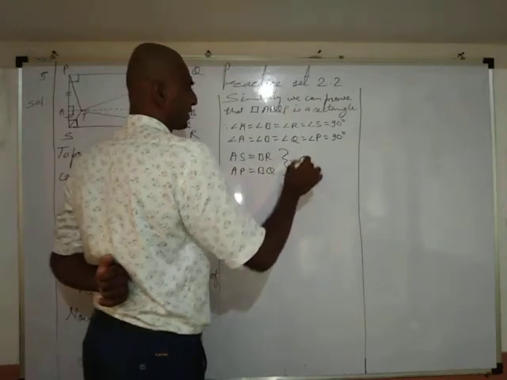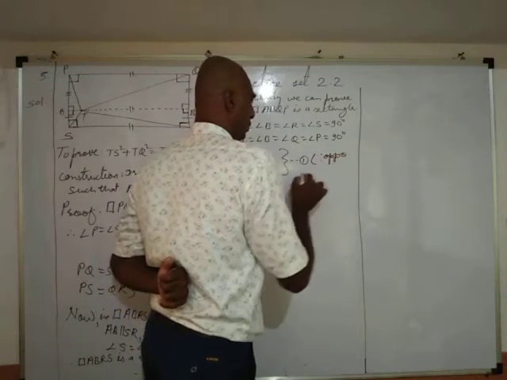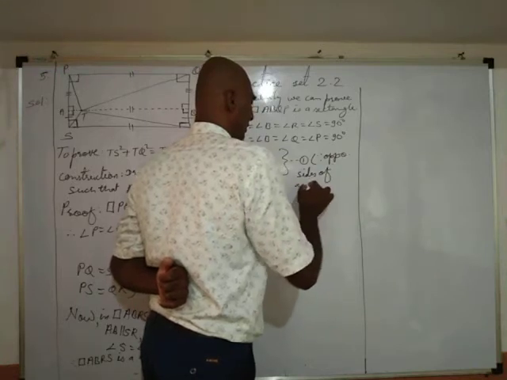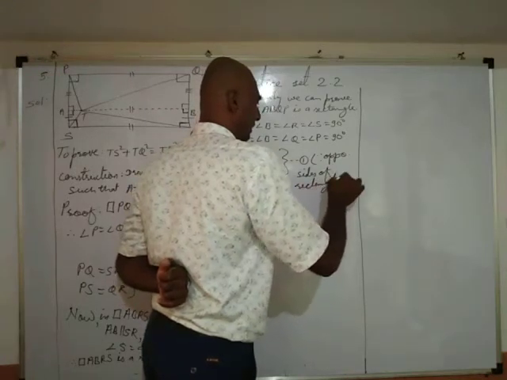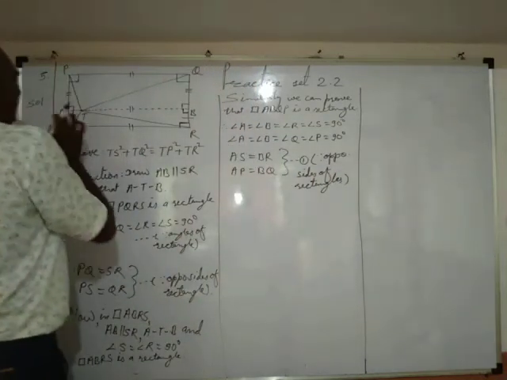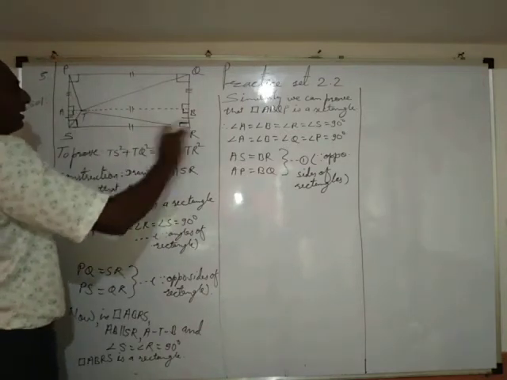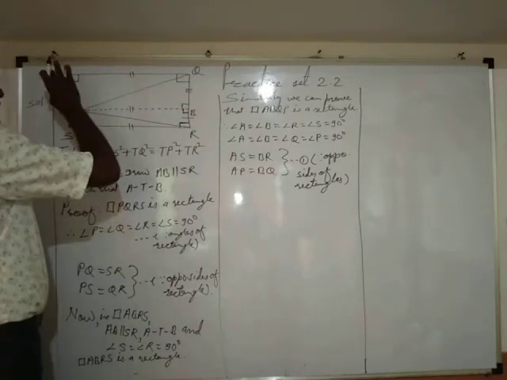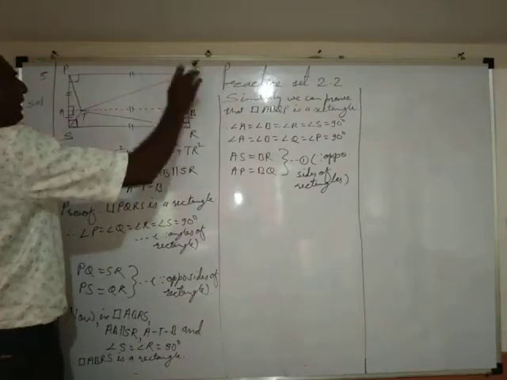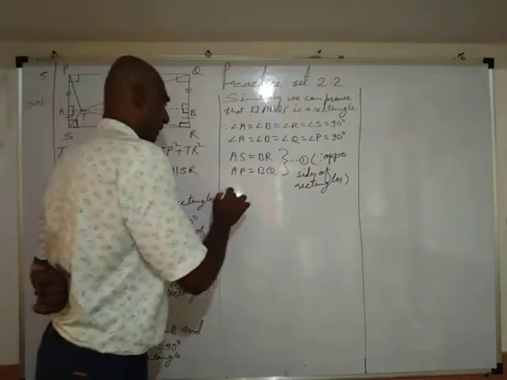Let's call it equation first, since opposite sides of rectangles are equal, because AS and BR are the sides of rectangle ABRS, and AP and BQ are sides of rectangle ABQP.